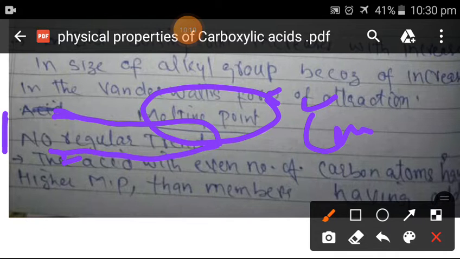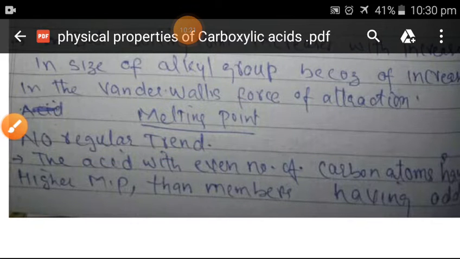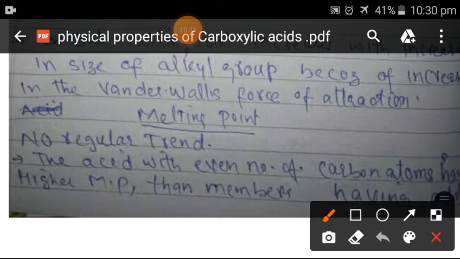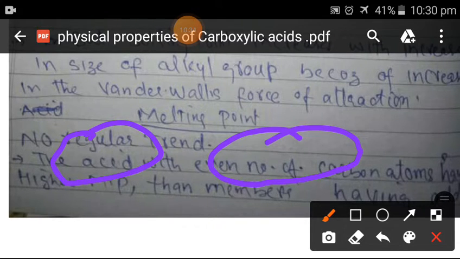Although we have seen their boiling point is somehow regular, their melting point does not follow the regular trend. For example, we have seen in case of carboxylic acids, the acid molecules with even number of carbon atoms have higher melting point.